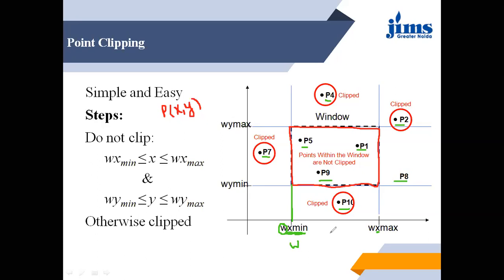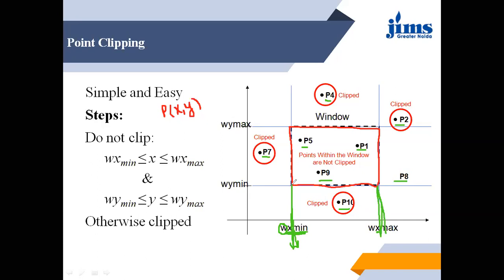W represents that we are taking the window in consideration, and minimum represents that this is the minimum value of the x coordinate, and this is the maximum value of the x coordinate.